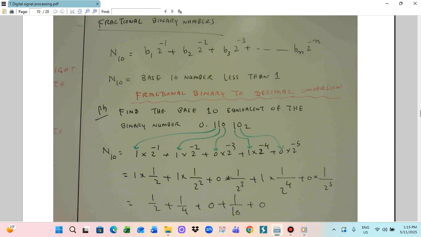So those are the fractional binary numbers, and there is a base 10 number less than 1. So we need to find the base 10 equivalent of the binary number.